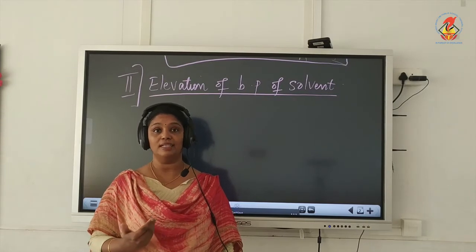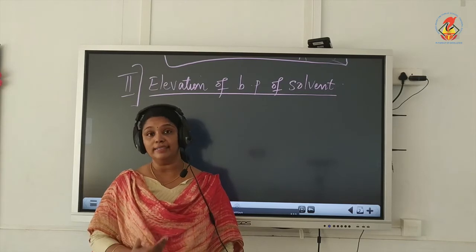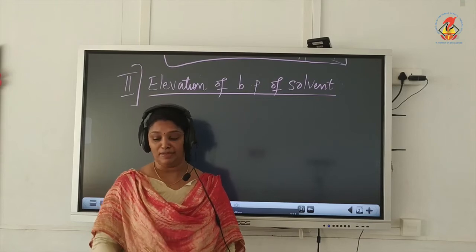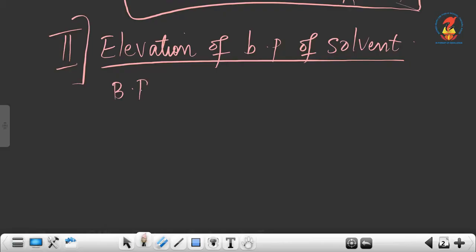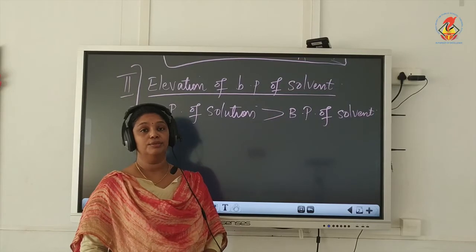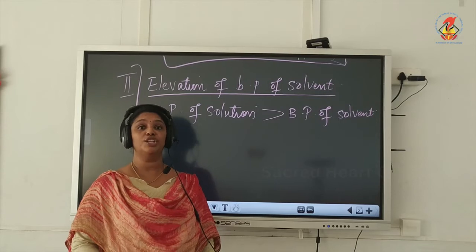So we can see that the boiling point of a solution will always be higher than the boiling point of pure solvent. This you have to keep in mind: the boiling point of solution is greater than the boiling point of solvent. Now, let's see the derivation to get an expression for the molecular mass of a solute from elevation in boiling point.